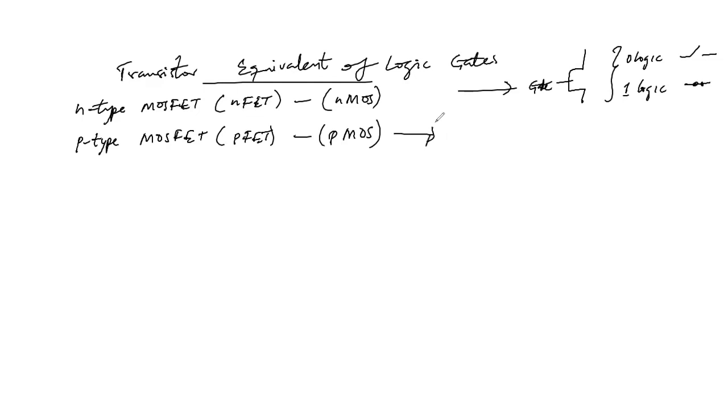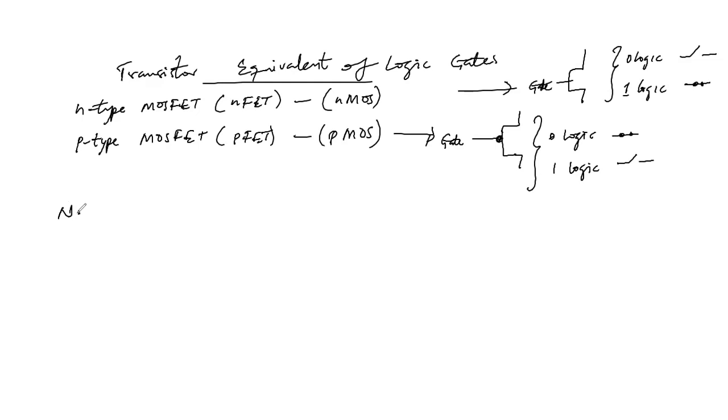Right, the P-type is to be represented as this, this is the gate. In this case, the zero logic is a short circuit, and the one logic is an open circuit.